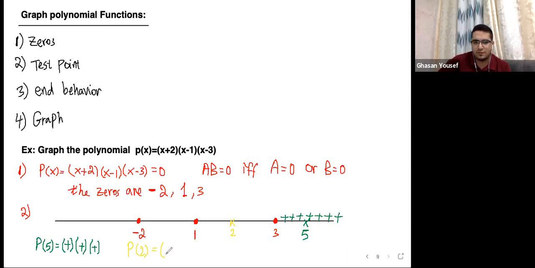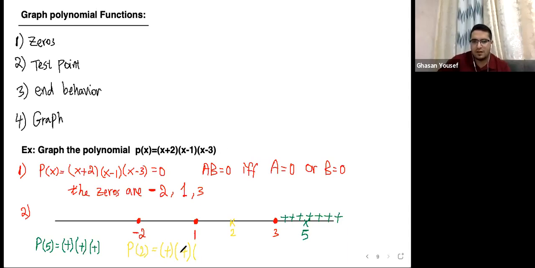It is 4, positive, right? 2 minus 1 is 1, and the sign of the 1 is positive. The third one, 2 minus 3. 2 minus 3 is negative.